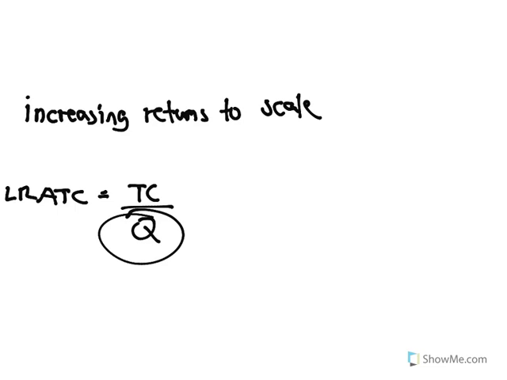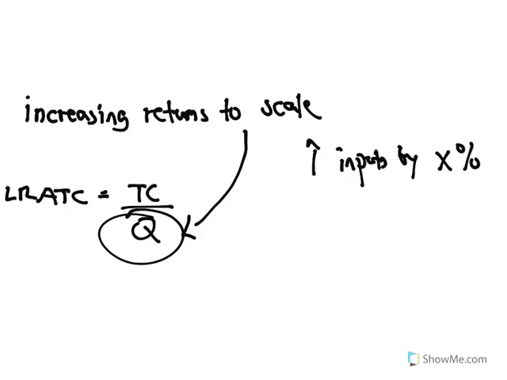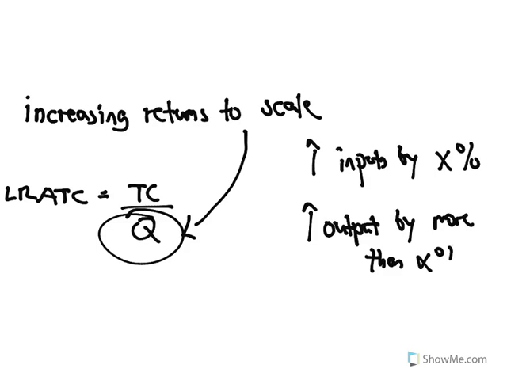When we're talking about increasing returns to scale, we're talking about increasing that production. Increasing returns to scale means that if I increase my inputs by some percentage, X percent, my output would increase by more than X percent, right?